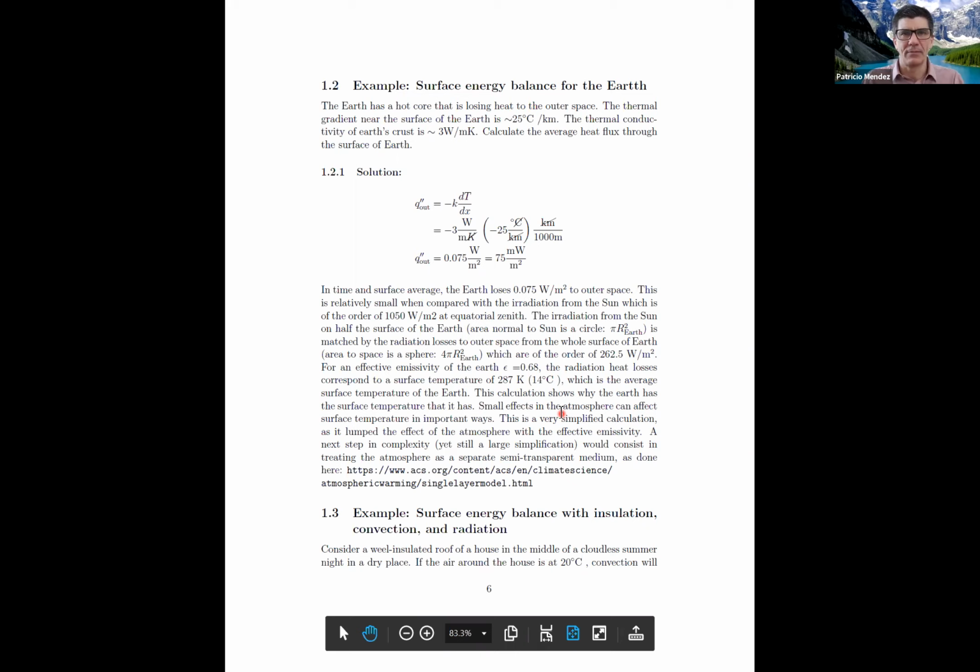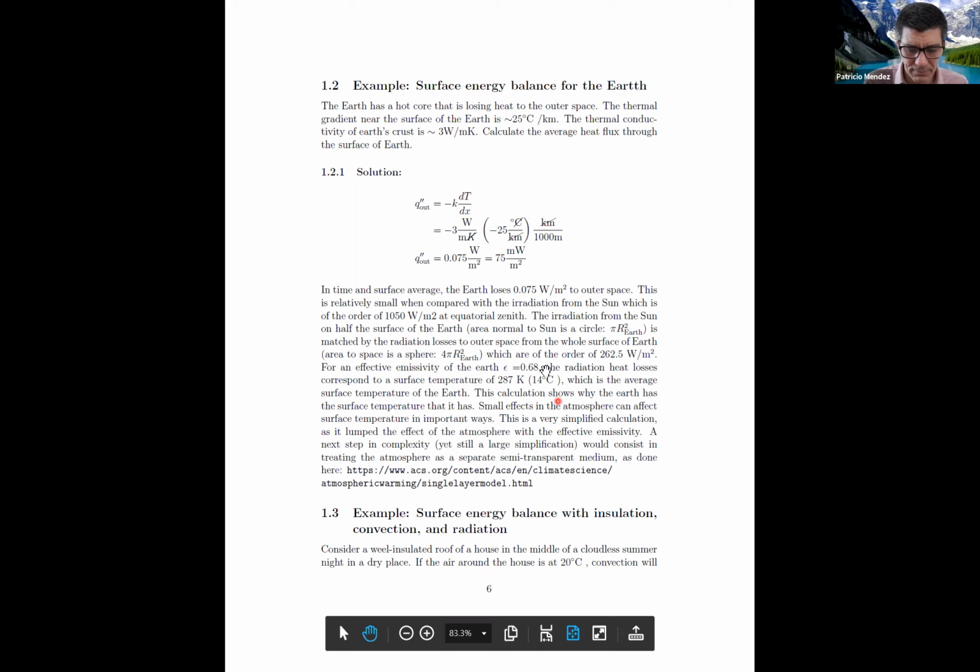If I lump this little layer of gas that is our atmosphere with the properties of the surface of the Earth, I would get a radiation coefficient for radiating into the surroundings at more or less 0 Kelvin of more or less 0.68. That's more or less the average emissivity of Earth to outer space. Now, if you do that, you can calculate the temperature of the surface of the Earth as the balance between the energy that the sun brings in and the energy that is lost by radiation.